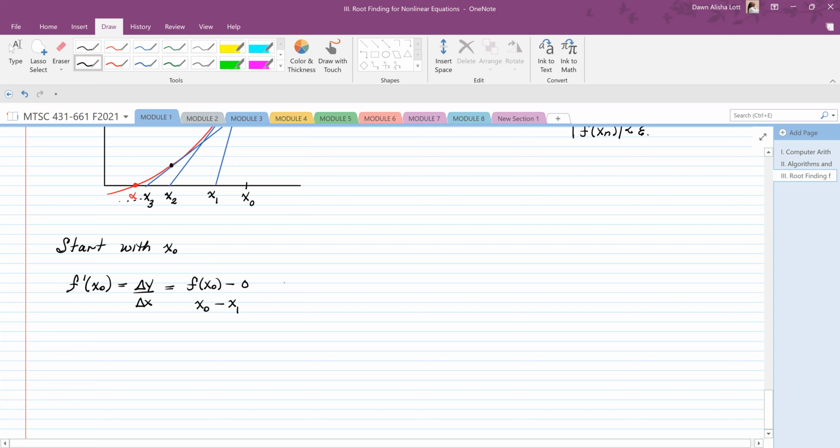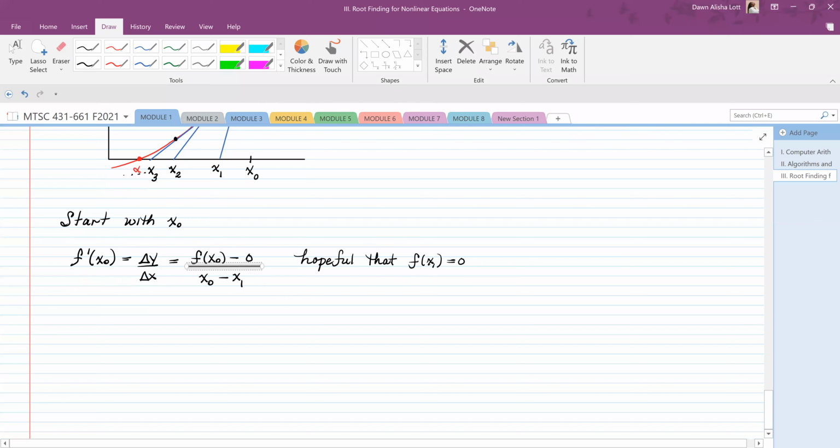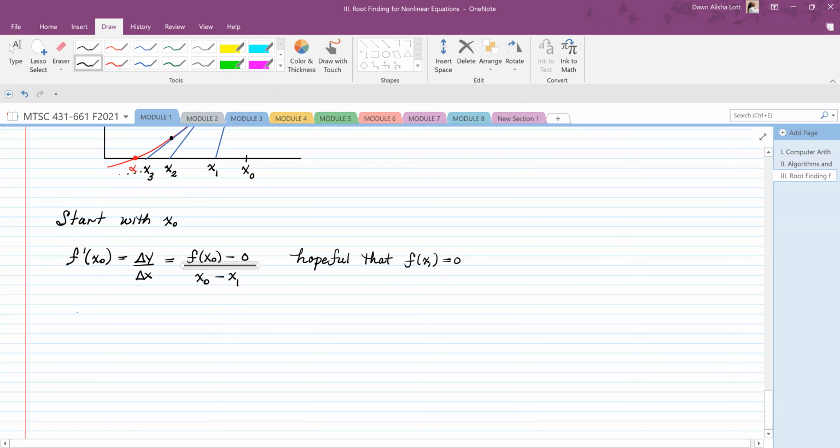So here I'm hopeful that f of x1 is actually 0. Okay. So therefore now I get x naught minus x1 times f prime at x naught turns out to be f of x naught.